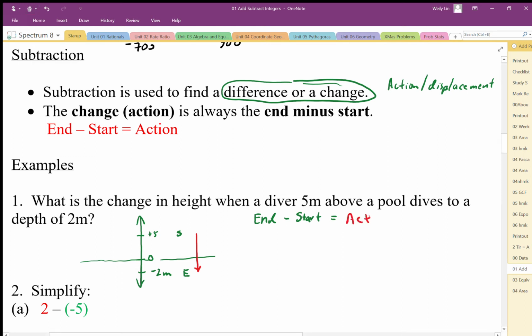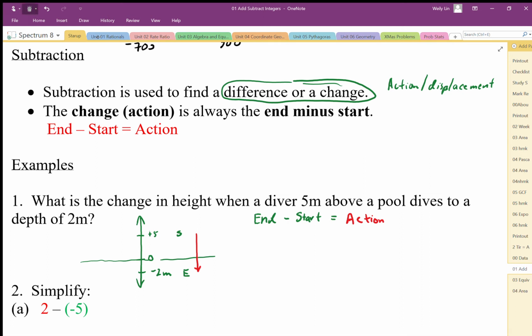This is important to start getting used to. We're not going to use this model all the time, but we want to start getting used to this because it's very important once we start doing any kind of coordinate geometry, anything to do with graphs. It's really important to understand these concepts of number line, integers, and this idea of end, start and displacement.